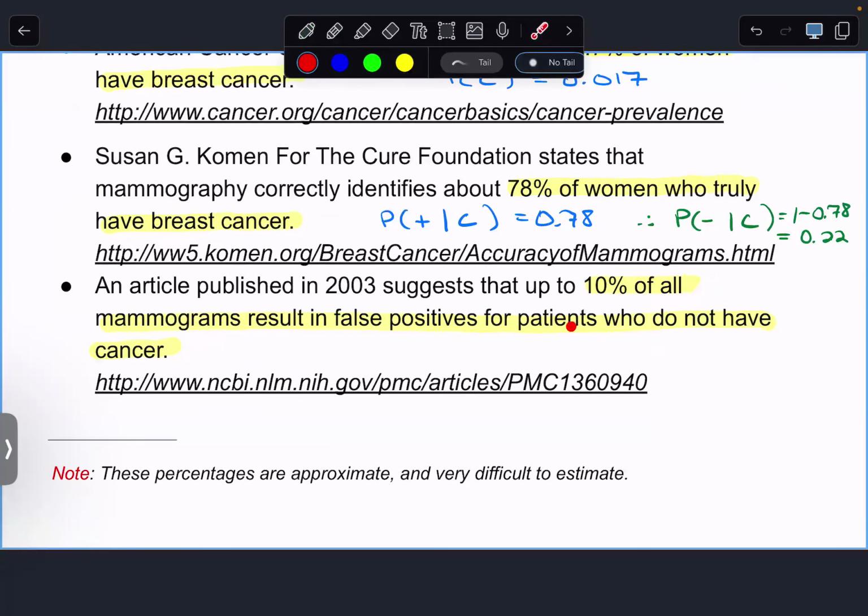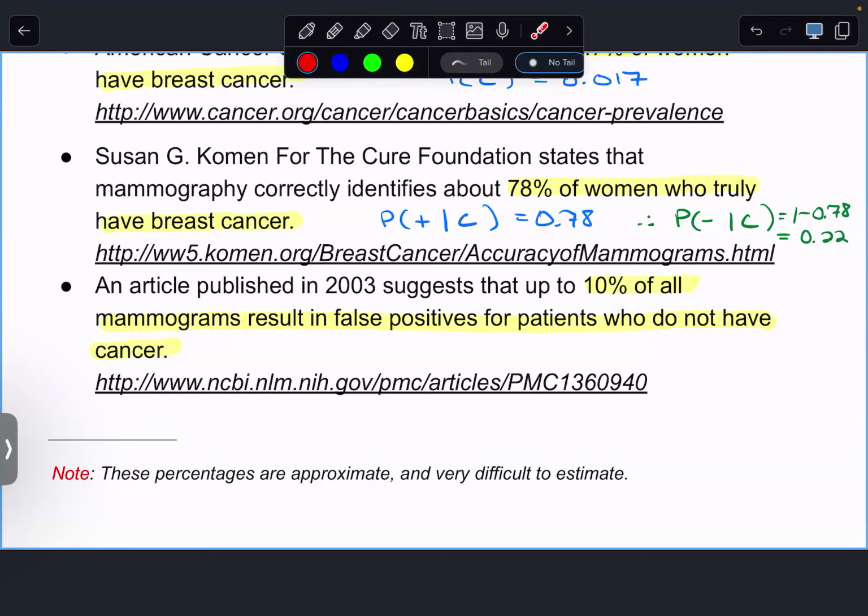So here, the last bit of information is, okay, if I know that someone does not have cancer, the probability of a false positive, or testing positive, right, because it should be negative, is 0.1, right?